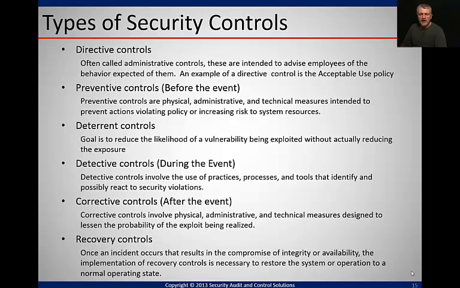Corrective controls, after the event, involve physical, administrative, and technical measures designed to lessen the probability of the exploit being realized. Then finally, we have recovery controls. Once an incident occurs that results in the compromise of integrity or availability, the implementation of recovery controls is necessary to restore the system or operation to a normal operating state.